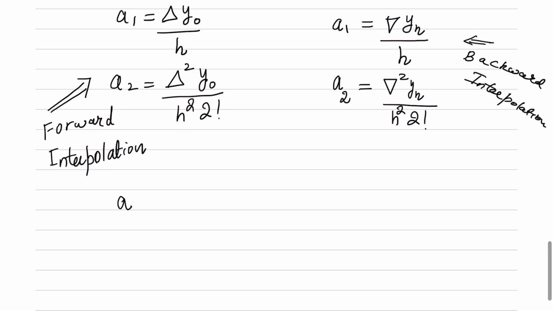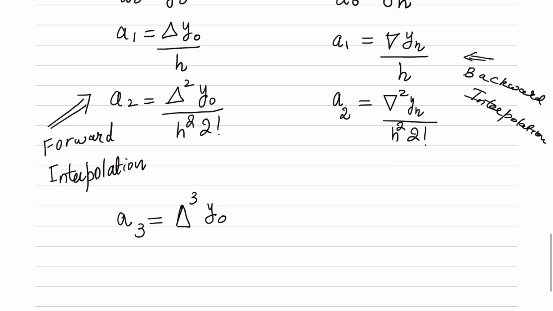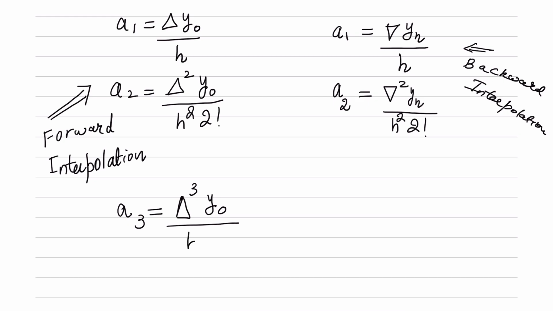Just like for forward interpolation, we can write a3 as forward operator cube acting on the starting y, it's always the starting y, divided by h cube 3 factorial. But if we have to write a3 for the backward difference operator, we will write backward cube acting on the last y, denoted as yn, divided by h cube 3 factorial.